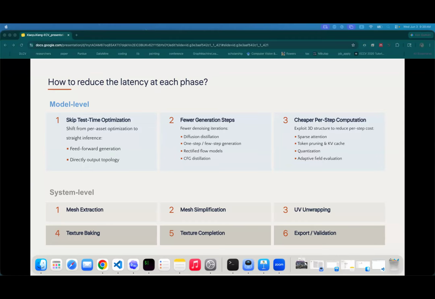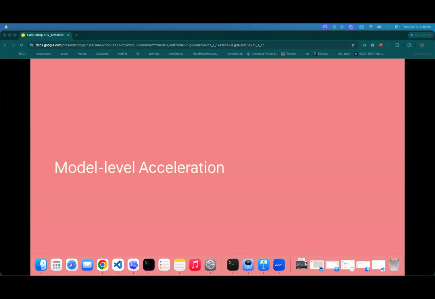Third is to make each step cheaper, for example, sparse attention, token pruning, quantization, and adaptive decoding. Then separately, we have system-level acceleration, overlapping the CPU, GPU, I/O, and post-processing work. So let's start with the model-level acceleration first.